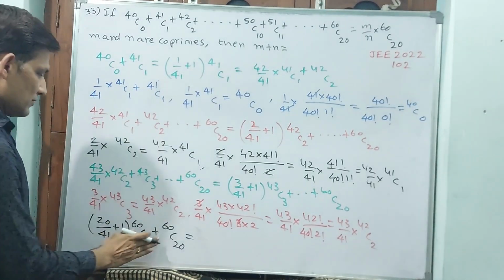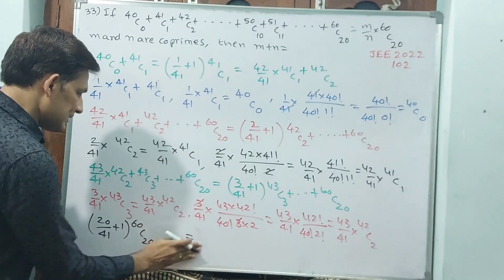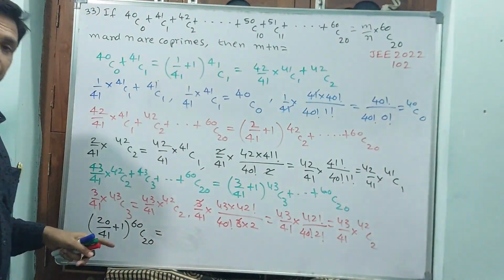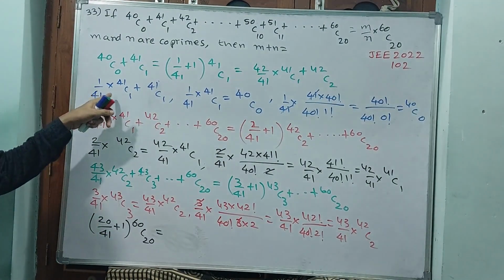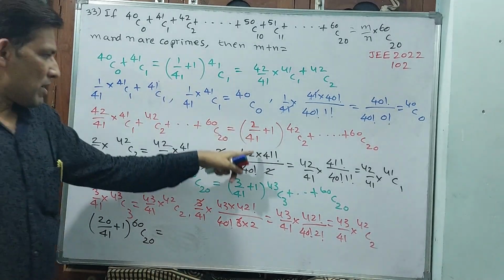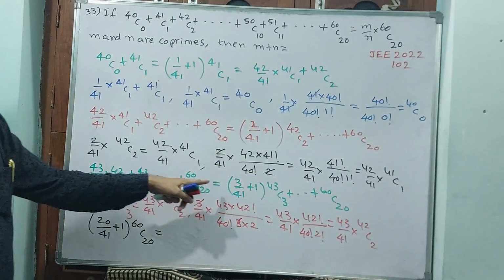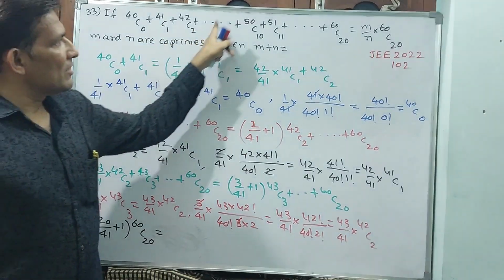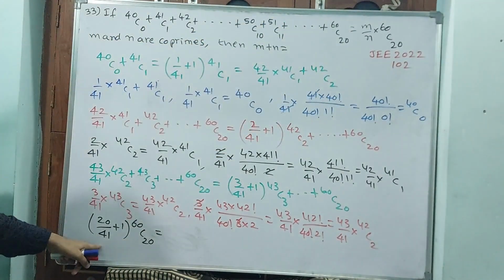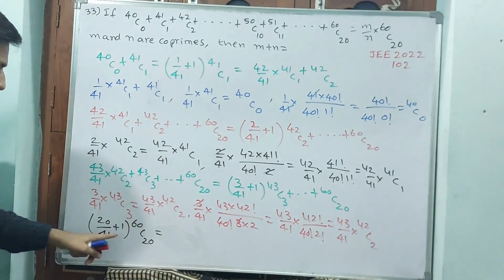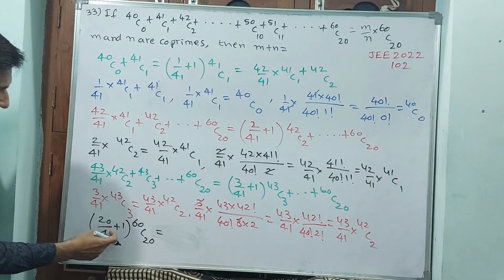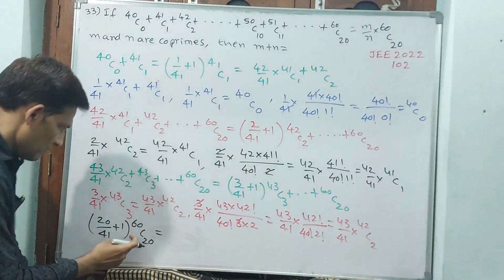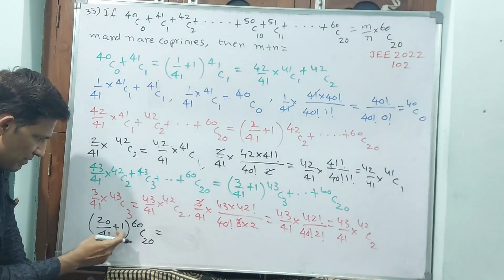I think this 60C20 only we have got. Understand? See, 1 by 41, 2 by 41, 3 by 41, up to 20 by 41. That means the last term we have made like this. Here itself this term has come, because 60C20 plus this.